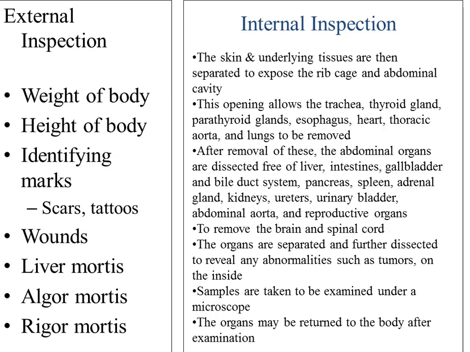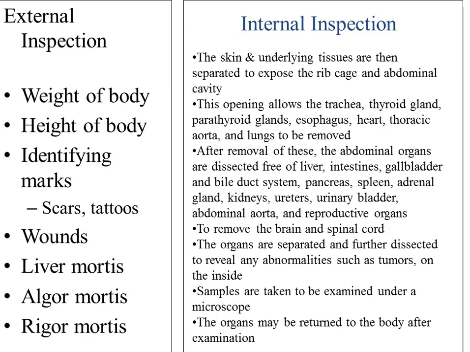Internal inspection: the skin and underlying tissue are separated to expose the rib and abdominal cavity. This opening allows the trachea, thyroid glands, parathyroid glands, esophagus, heart, thoracic aorta, and lungs to be removed.